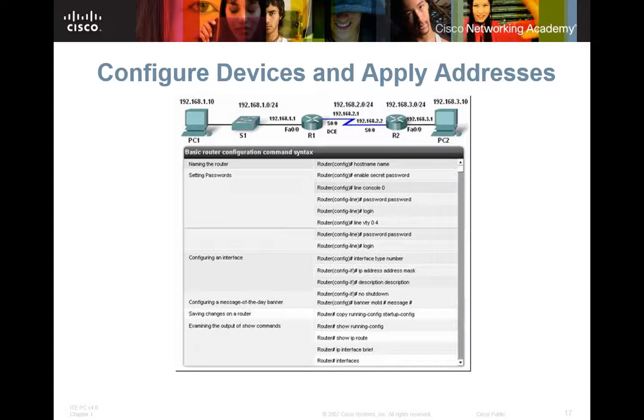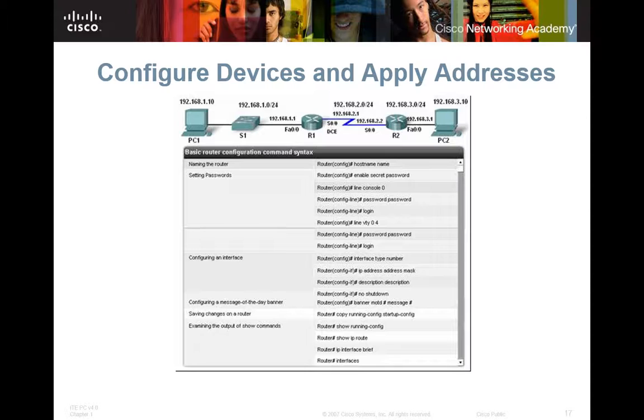Setting passwords. You enable secret password, okay? Then you can go line console 0, password, whatever you want to call the password, login, line vty 0 4. Do the password, login. Why is it important to say login?